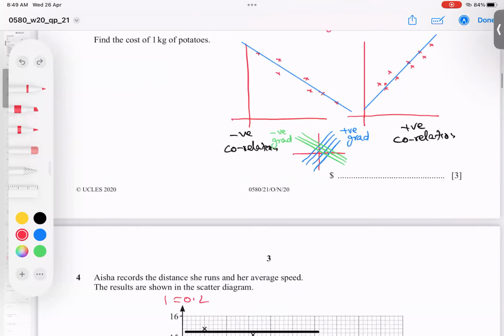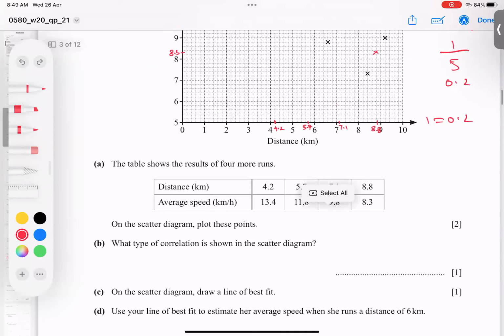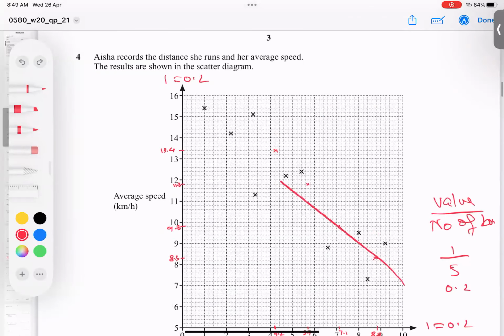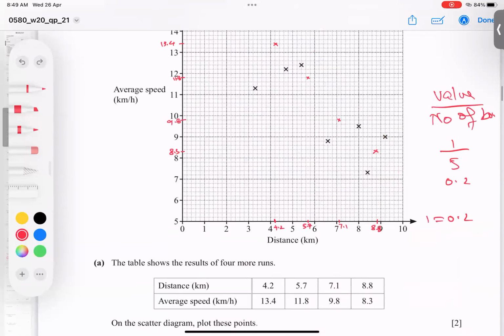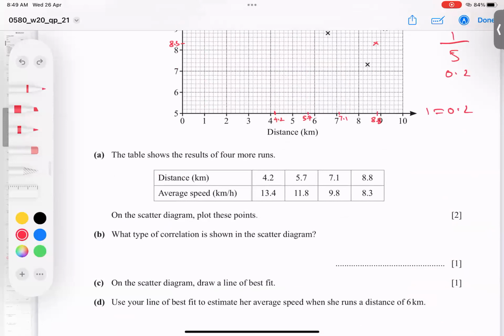Since the data is so scattered, you can write negative correlation or weak negative correlation, but I will leave the word weak and only write negative correlation. So negative correlation. This is clear.